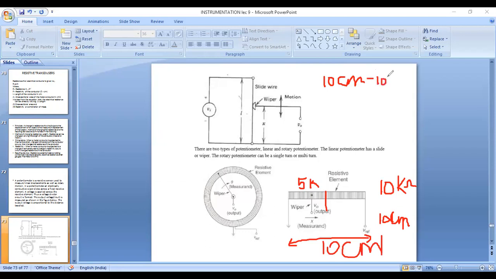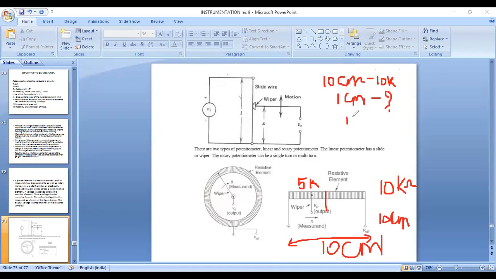Then if I place the wiper at the 1 centimeter position, what must be the value of resistance? 1 centimeter into 10k divided by 10 centimeters.